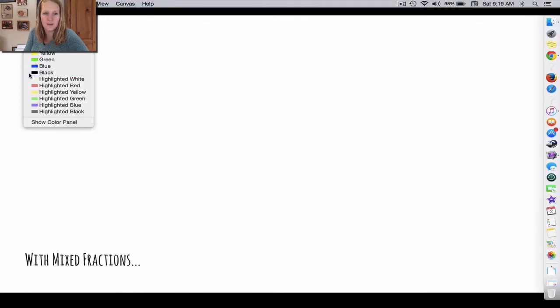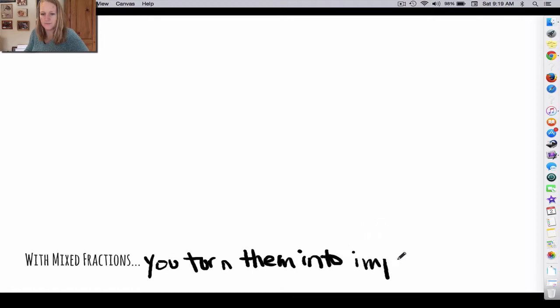Let's look at another one with mixed values. Let's go black here. So with mixed fractions, you turn them into improper fractions first.